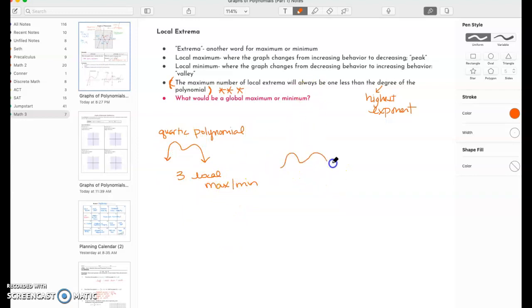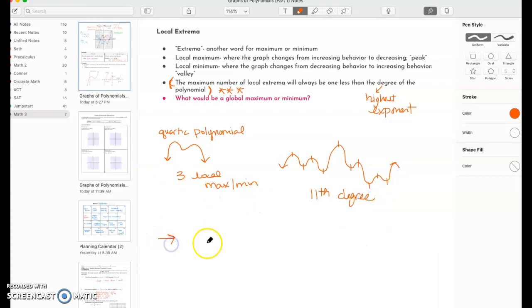And I could just scribble to my heart's content here. I can just make this have as many of those bumps as I want. And again, we're counting. So we have 1, 2, 3, 4, 5, 6, 7, 8, 9, 10 local max or min, which means this would be an 11th degree polynomial. We're always going to add 1.